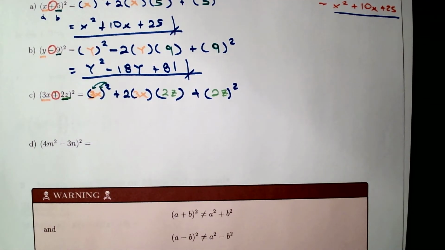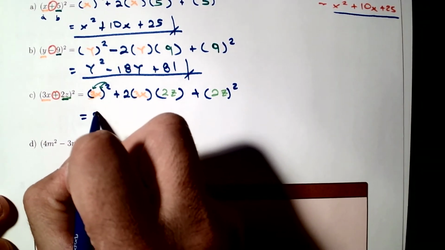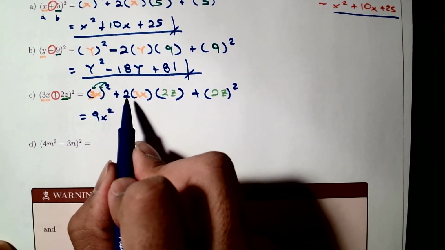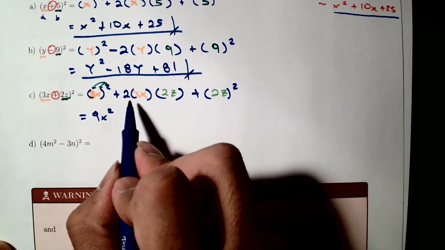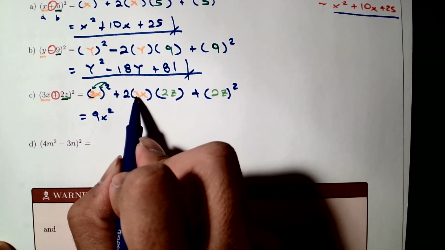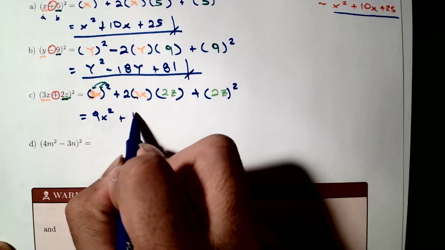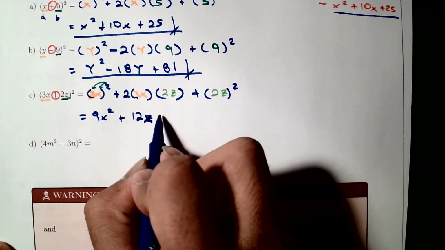So 3 squared equals 9, and x squared is simply x squared. And over here we're going to multiply the constants, the coefficients. 2 times 3, which is 6, and then 6 times 2, which is 12, and then x times z, that's simply xz.